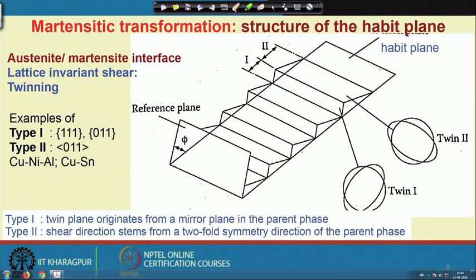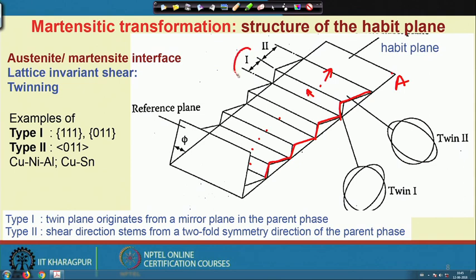Here this is the habit plane, and definitely here austenite transforms into martensite. The martensite accommodates the transformational strain by forming twins. So, these are the twins. The question is whether these are the same twins or whether different directions are involved. Yes, there must be different directions, since this has a different direction and this has a different direction.